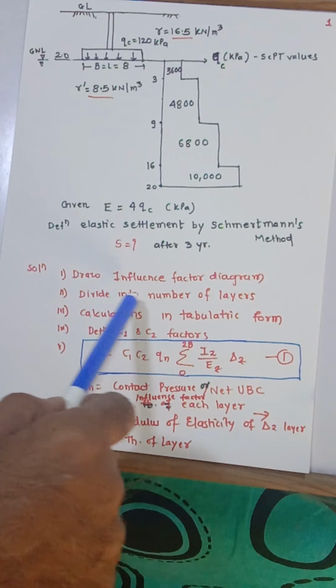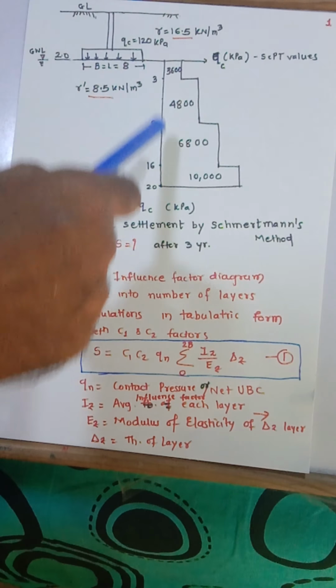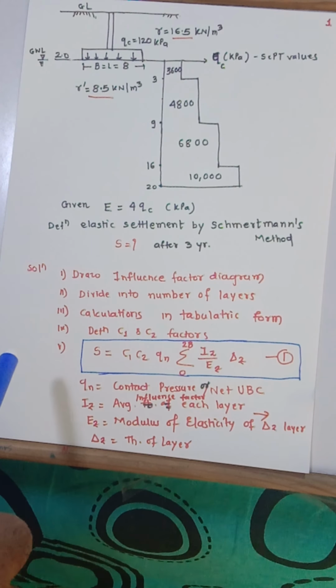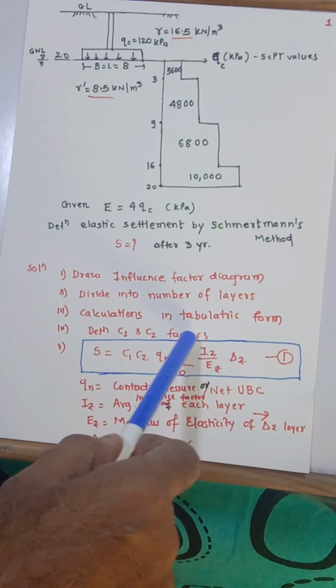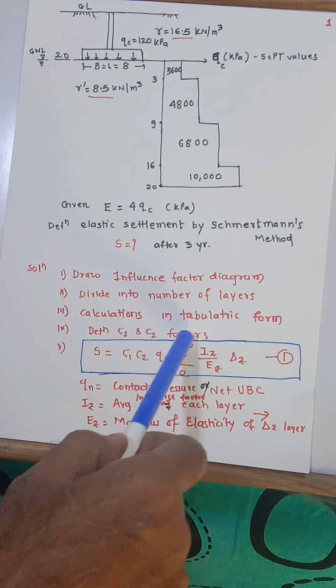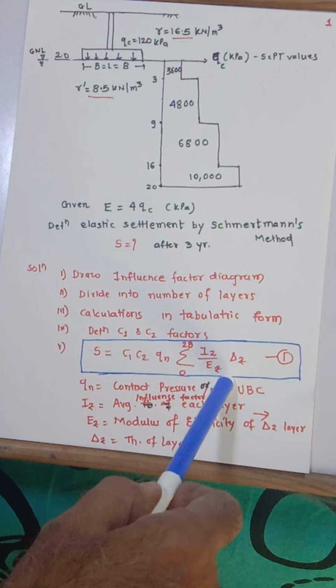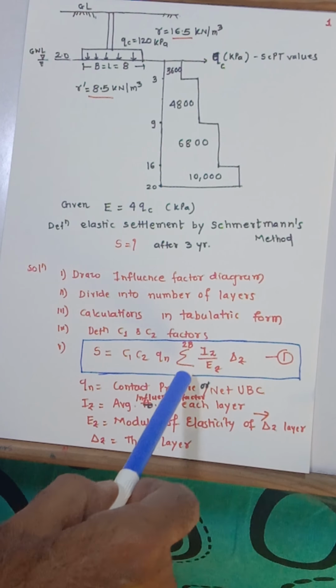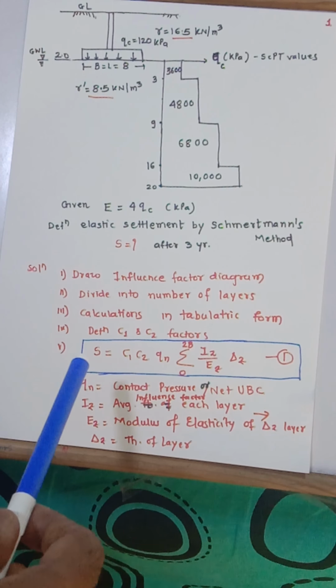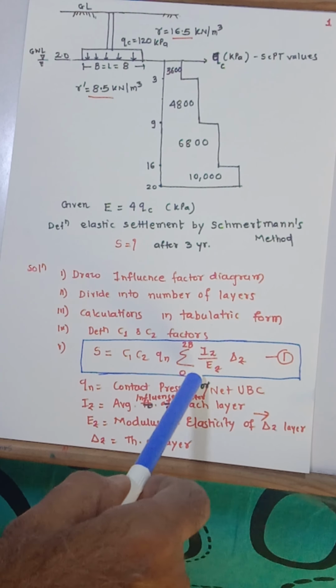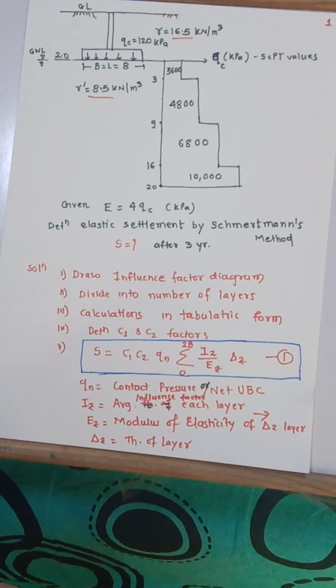Then we divide the entire stratum into layers, and then we do the tabulated calculation, particularly for this summation and this ratio, Iz upon Ez, over 0 to 2B if it is a square or circular footing, or 0 to 4B if it is a strip footing.